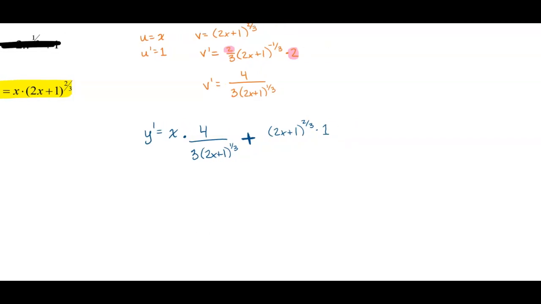The denominator that I have over here, that's the common denominator I'm going to try to get, so I'm just going to copy it. But if I do that, I've also got to multiply by that on the top as well. And remember, that's just this second term that I'm multiplying by that.